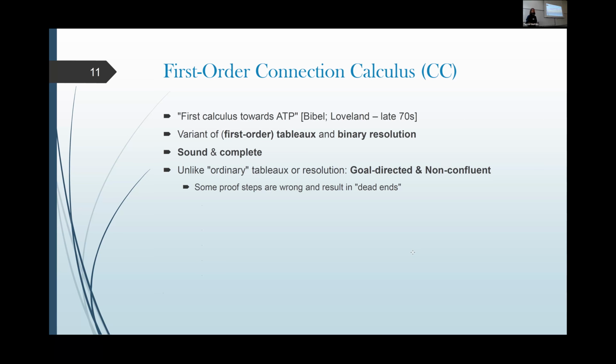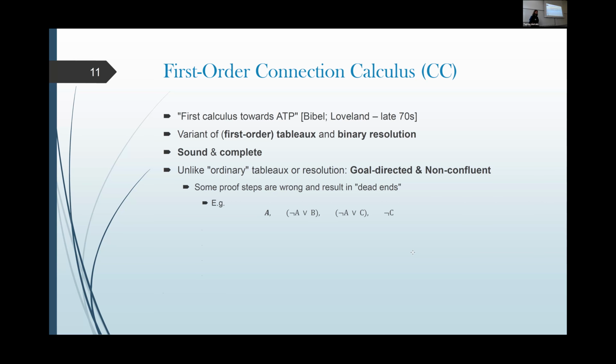But unlike ordinary Tableau calculus, it's goal directed and non-confluent. For those who don't know what non-confluent means, it just means that if you do a wrong step, you can end up in a dead end, so there isn't a proof anymore. We can't close certain branches just by making one wrong decision.